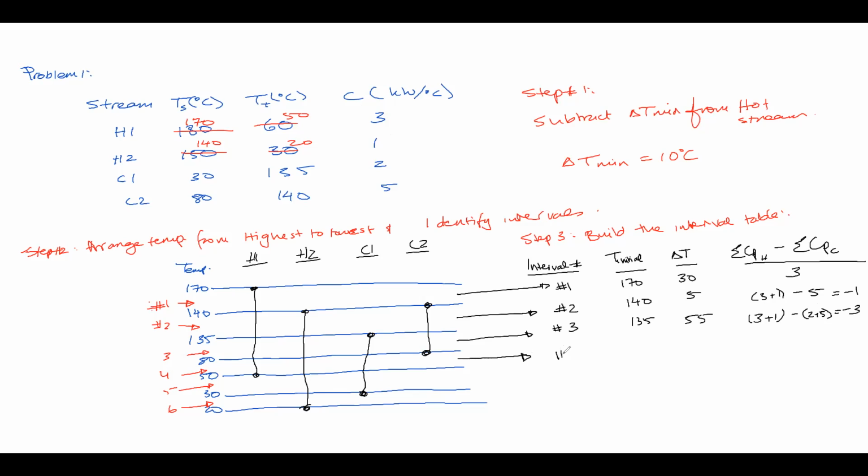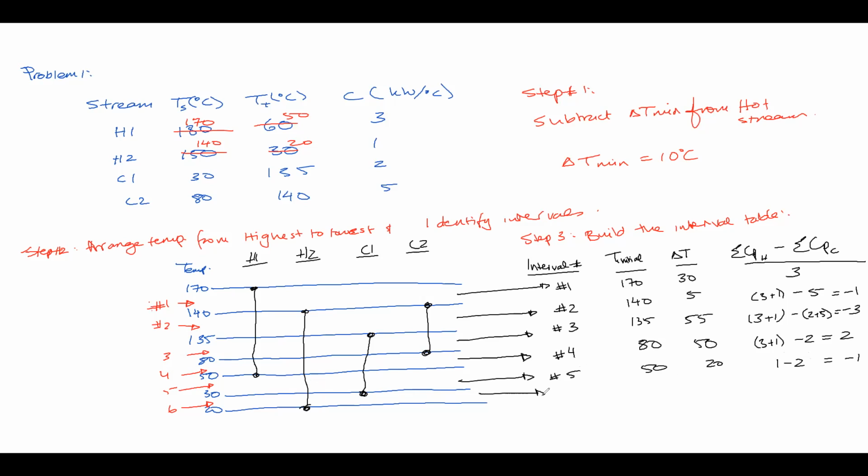Interval 4. In this case, my starting temperature is 80. My final temperature is 50. Summation of Cp hot minus Cp cold will be 3 plus 1 minus 2, so this is 2. For interval 5, starting temperature 50, delta T is 20. I have 1 hot stream and 1 cold stream with 2, so it's 1 minus 2, it's minus 1.